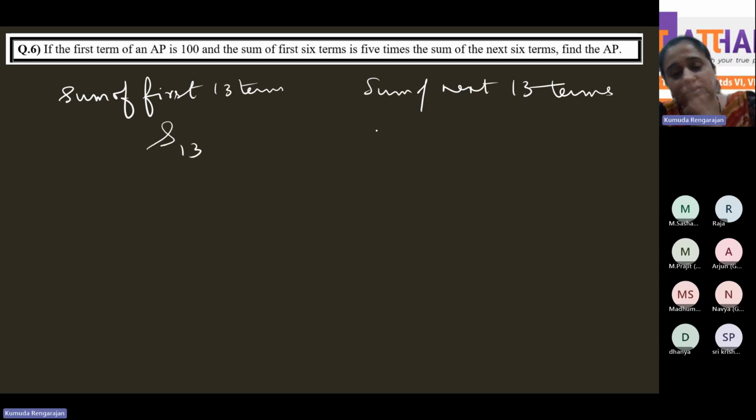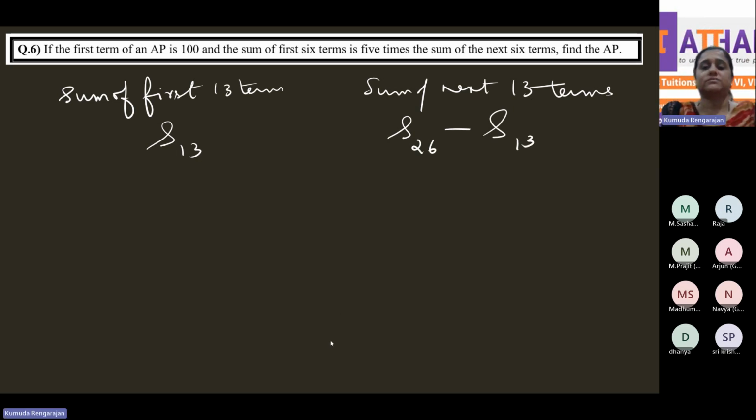The sum of the next 13 terms can be written as the sum of the first 26 terms minus the sum of the first 13 terms. How do you express the sum of the next 13 terms? It is the sum of the first 26 terms minus the sum of the first 13 terms.